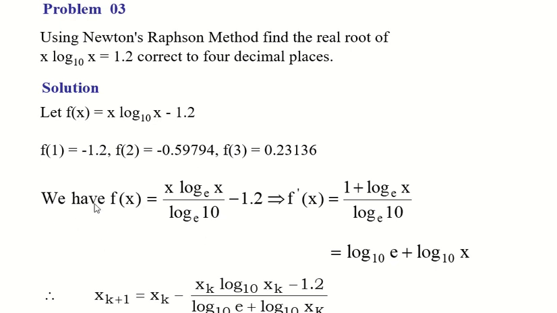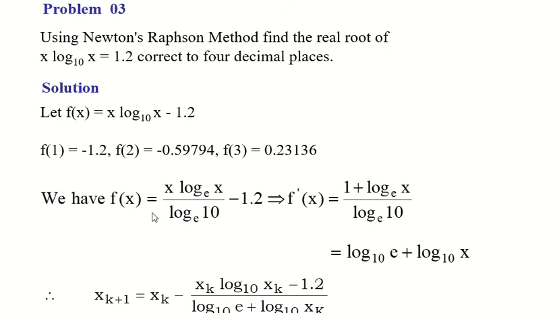Now what is your f of x? Since you need to find f dash of x, you have to simplify what is f of x. f of x is x log x to the base 10 minus 1.2. Now you are writing this log x to the base 10 as log x by log 10. You know log m to the base n is log m by log n.